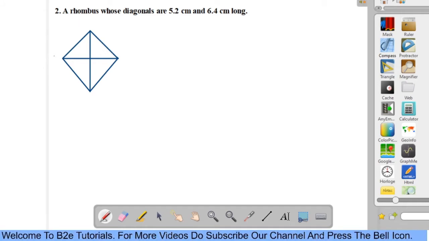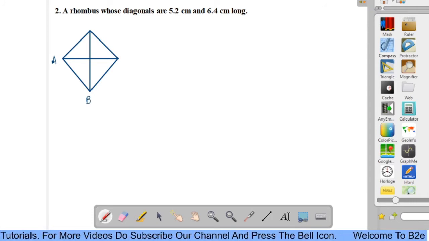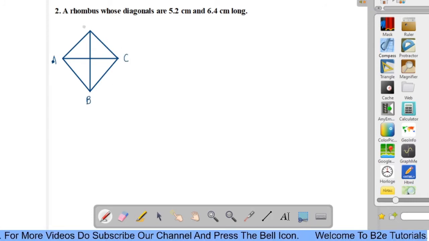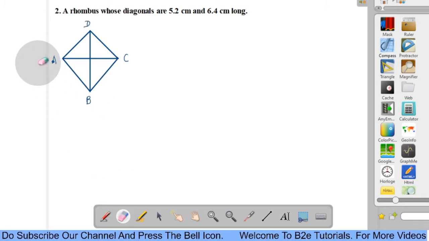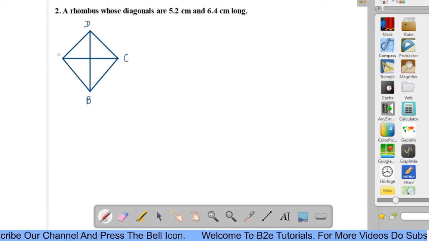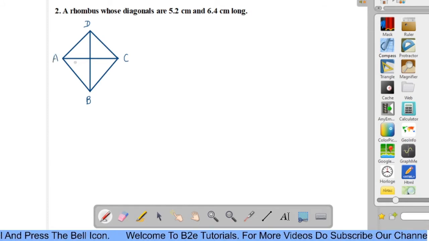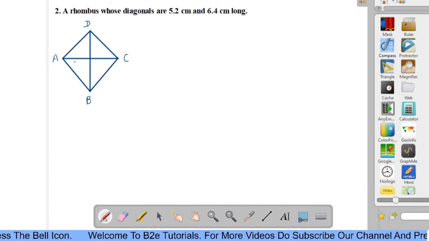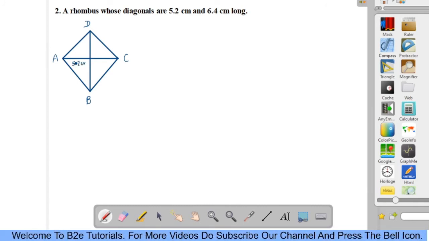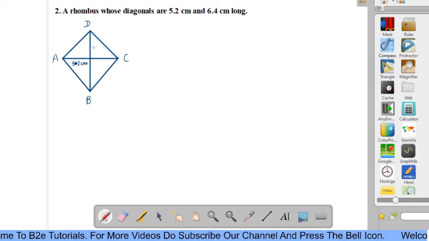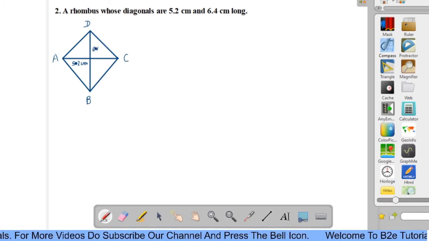Let us name it as A, B, C, D. Let us take diagonal AC equal to 5.2 centimeter and diagonal BD equal to 6.4 centimeter.